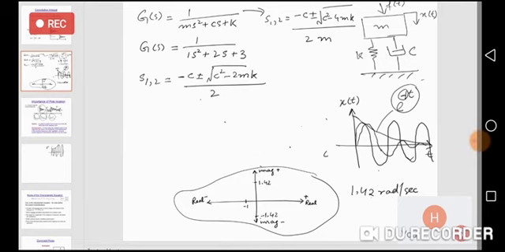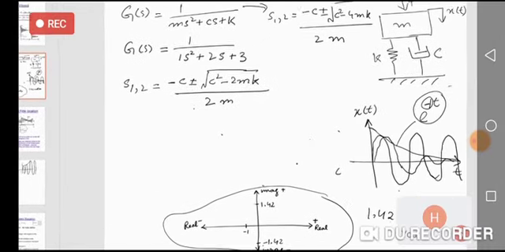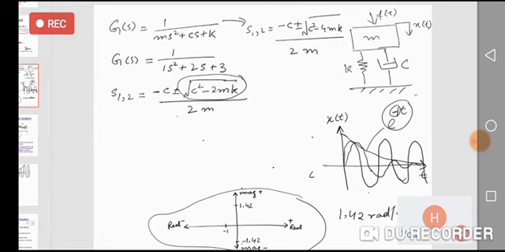Now, all of you should be thinking that there might be a value of C, C square, that is equal to 2mk. Or all of you can imagine a situation where C square minus 2mk becomes equal to 0.